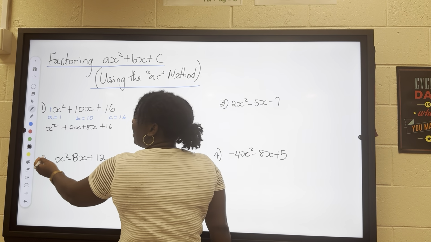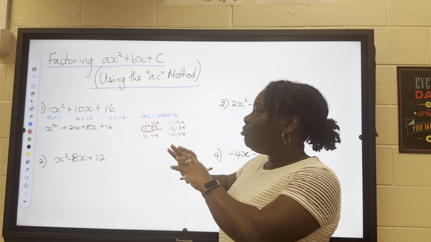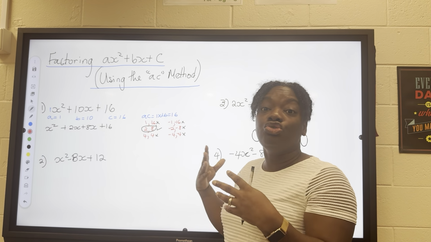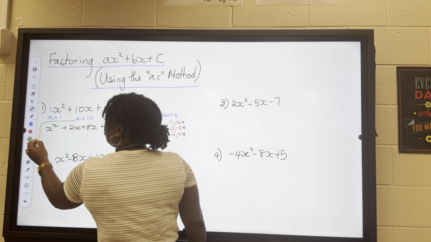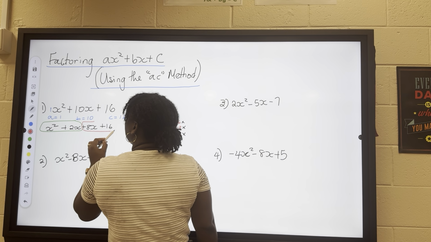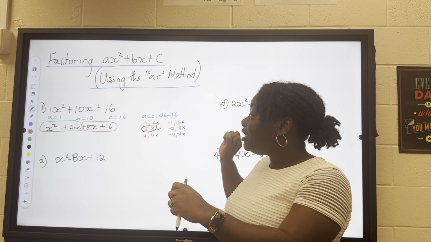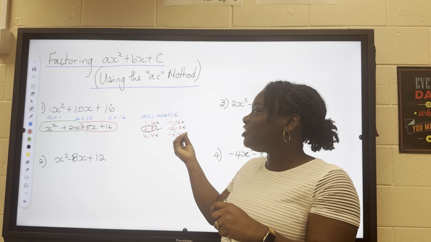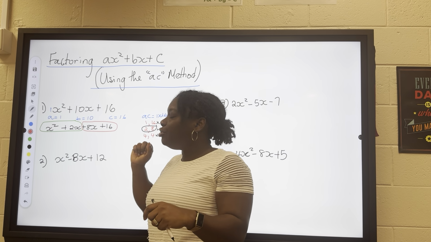My next step is that I'm going to break those 4 terms into 2 groups. My first group I'm going to put right here, and my second group right there. After I've done that separation into groups, I'm going to factor each group. Give me a factor for x squared and 2x.